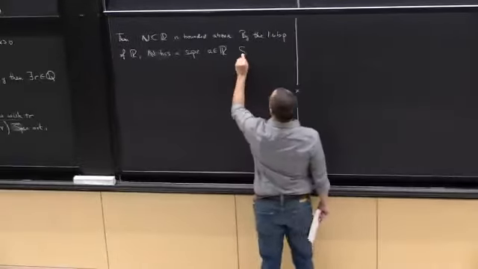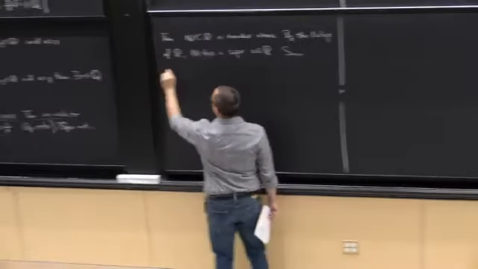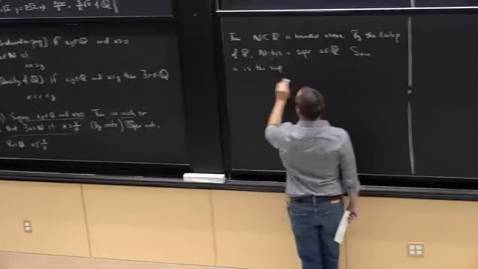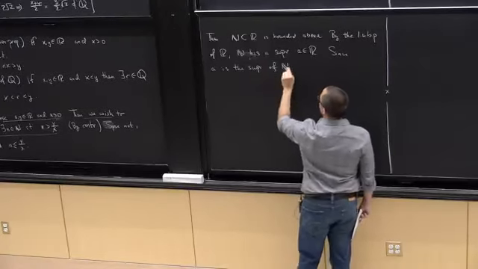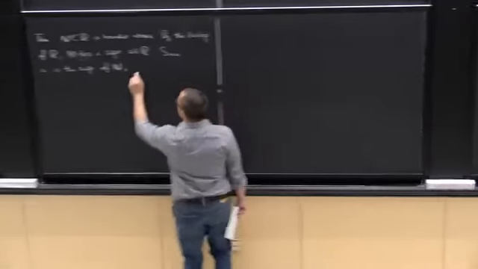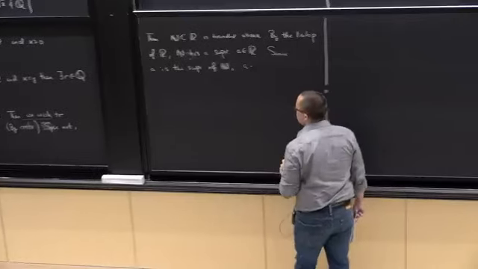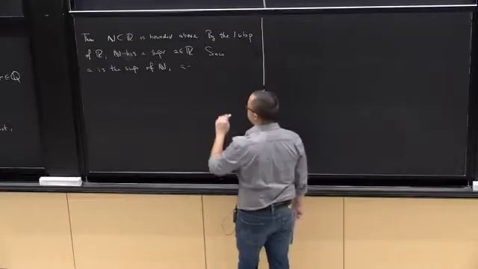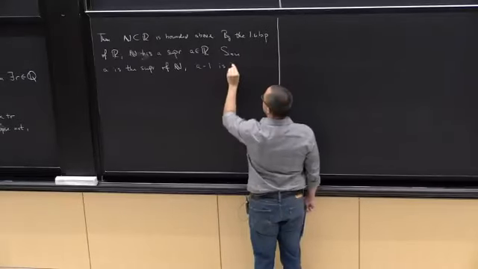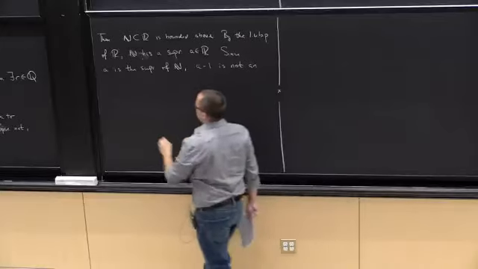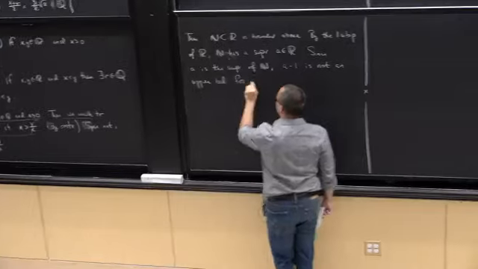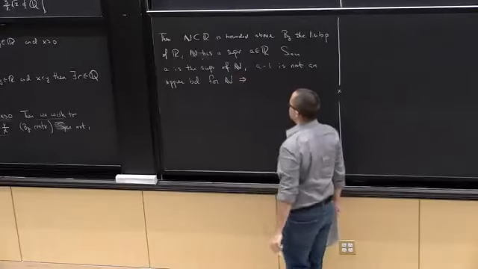So, since A is the supremum of N, anything smaller than A cannot be an upper bound for the natural numbers. Because remember, A is supposed to be the least upper bound. Anything smaller than that cannot be an upper bound for N. But what does that mean?